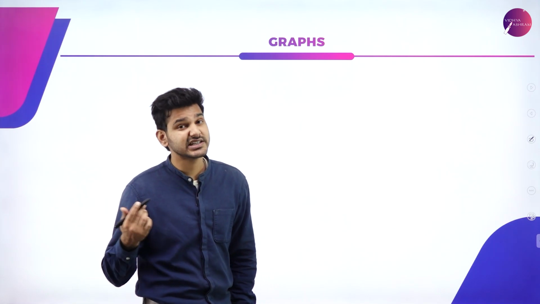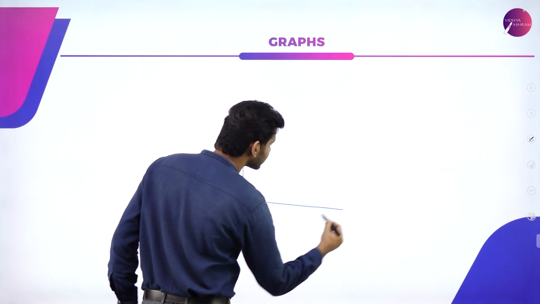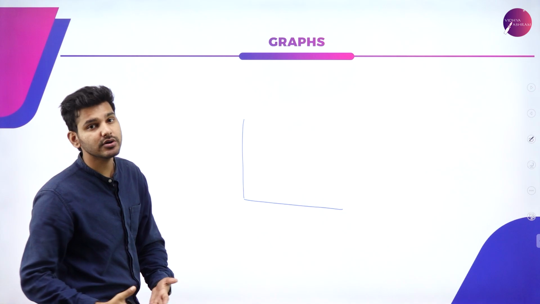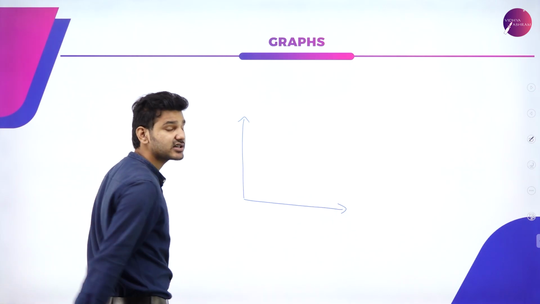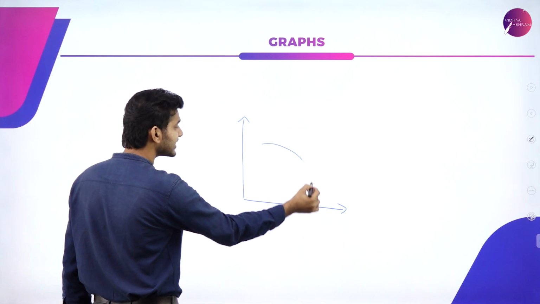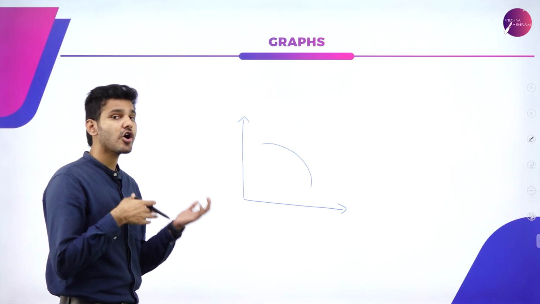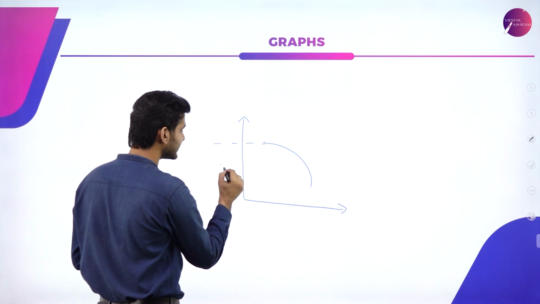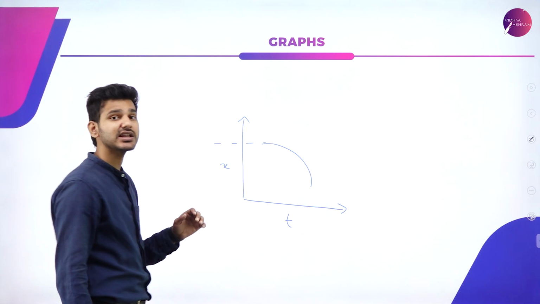So remember, understand the graph when it is given. The steeper the line or steeper the curve, the more non-uniformity exists there. And the nature of the curve, if the curve is like this, then we can say that it is non-uniform in nature, and also, let's say this is a position time graph, then the value is actually decreasing.